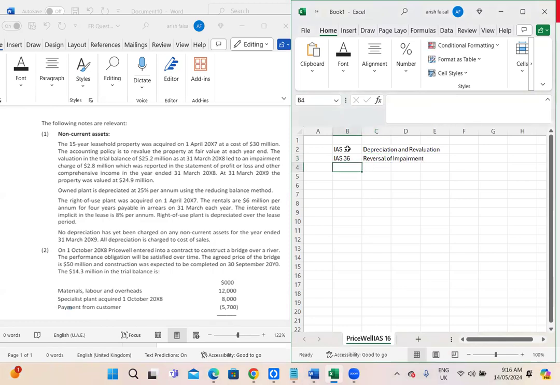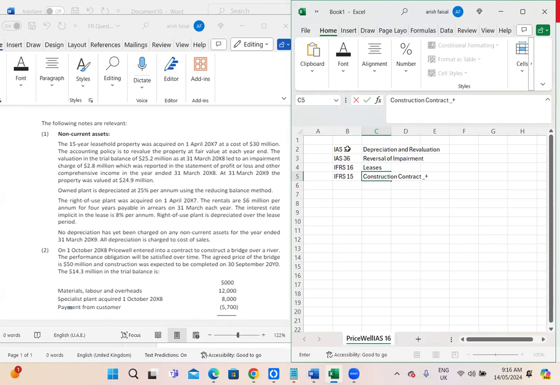Next, you also have IFRS 16, which is leases, right? You also have IFRS 15 covered in this question, revenue recognition. So it's normally the construction contract and the agent relationship.